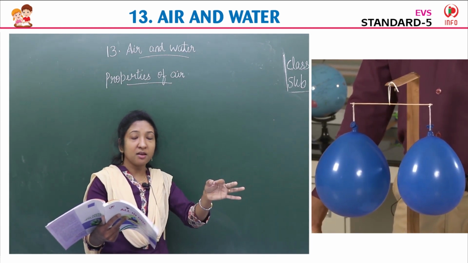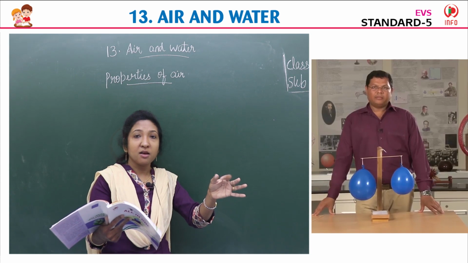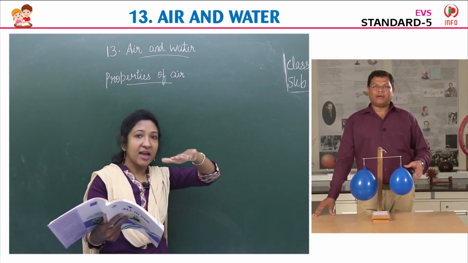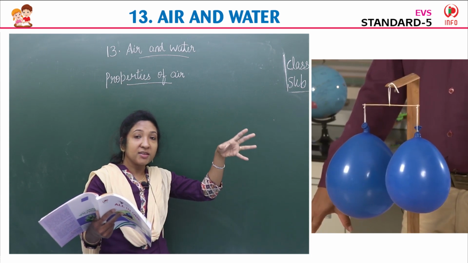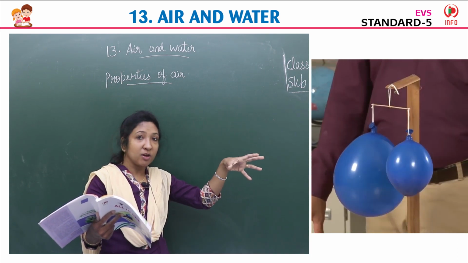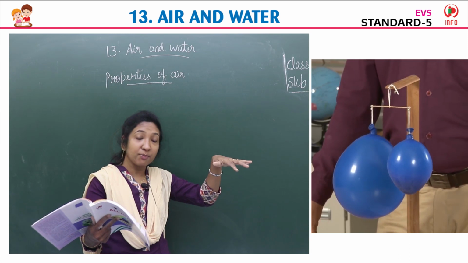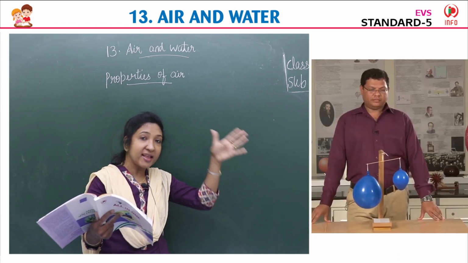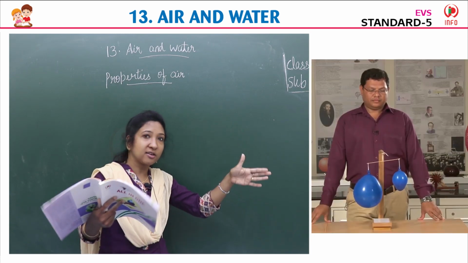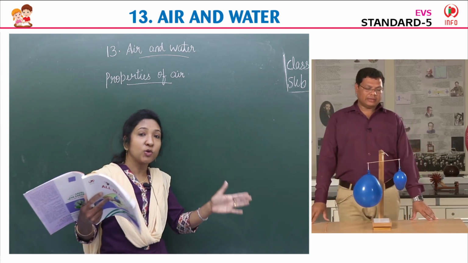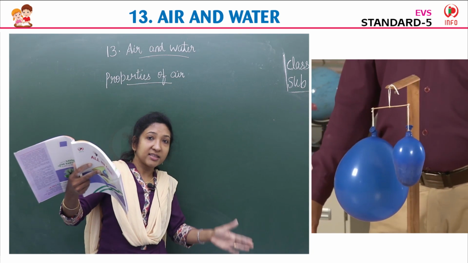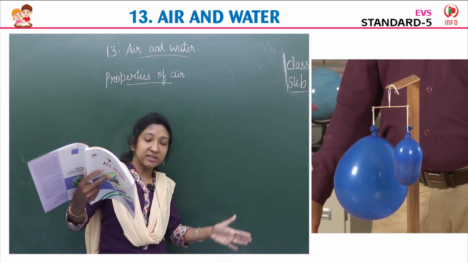So when we prick the balloon with a pin, the balance has gone, and on the side where the balloon is filled with air, the stick gets tilted down. Where the inflated balloon is, to that side, the stick gets down or tilts, we say.